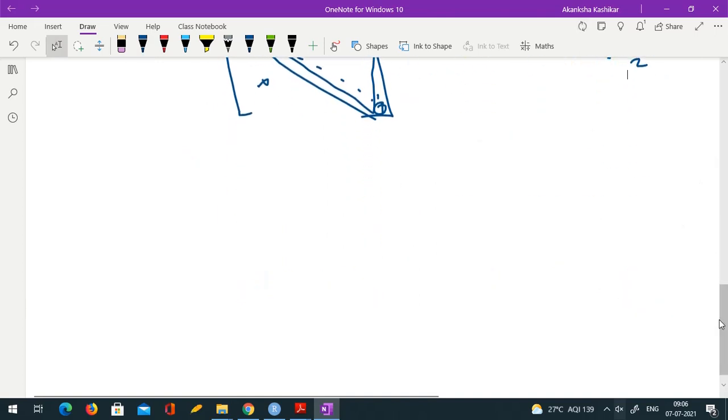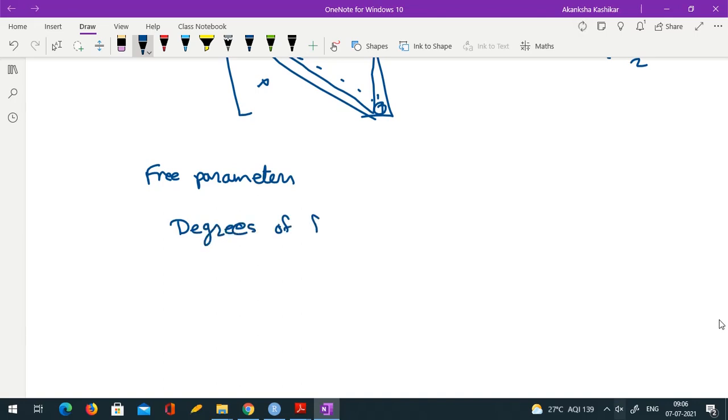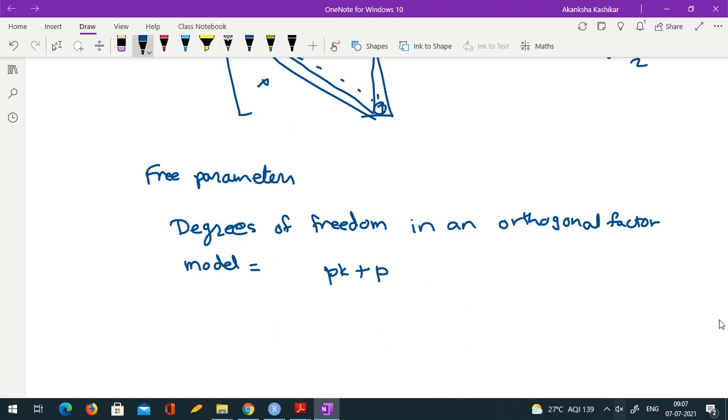So how many free parameters do I have? Free parameters are equivalent to degrees of freedom. The degrees of freedom in a new model, or basically in an orthogonal factor model, would be pk from Q plus p coming from psi.